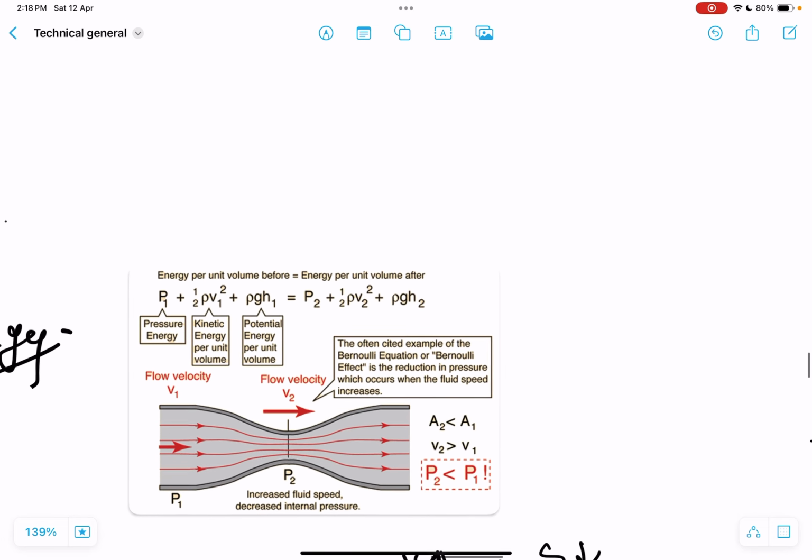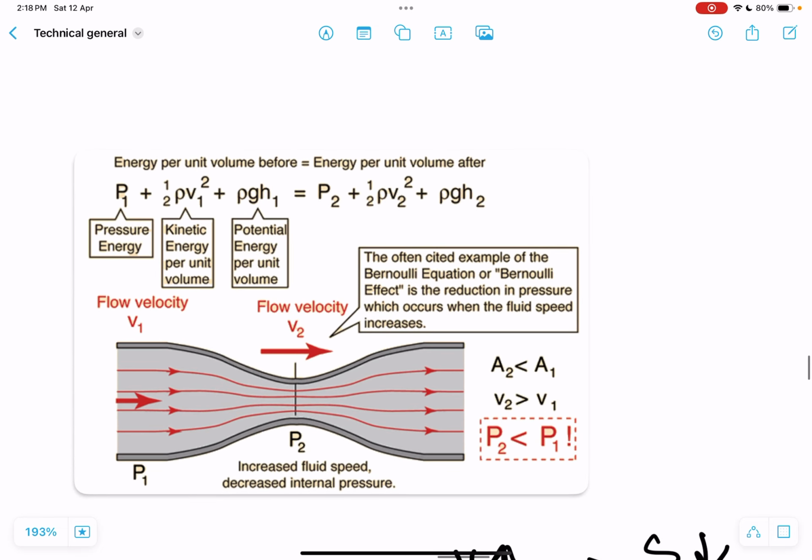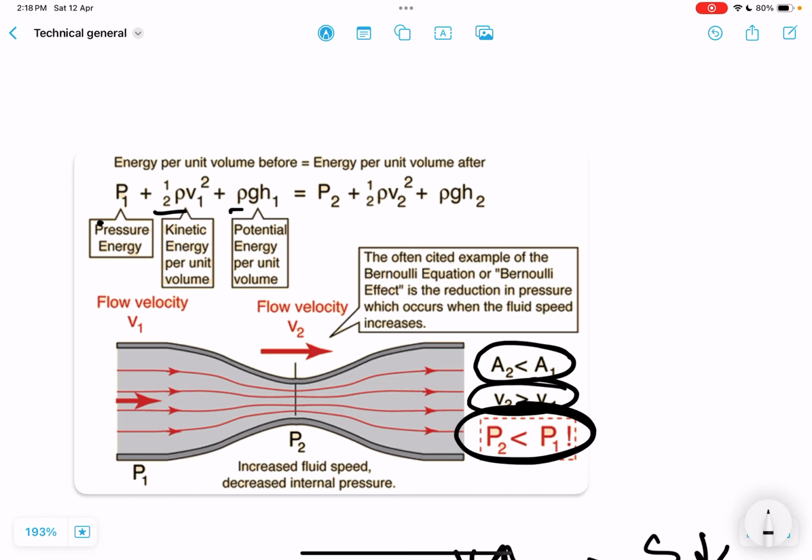If you want to go for the technical term, you can see P1 plus half rho V1 squared, as we discussed, with A1, A2, V1, V2, P2, P1.